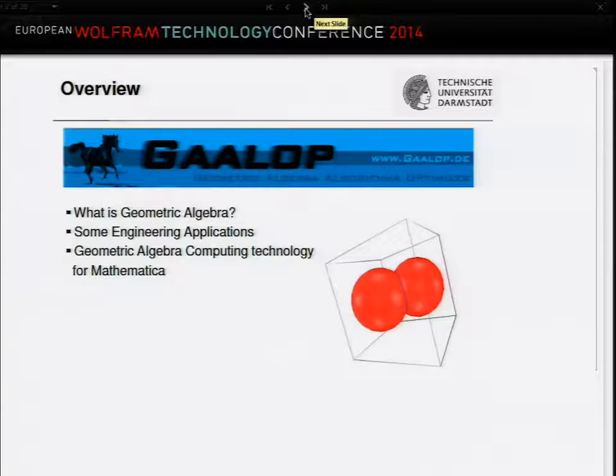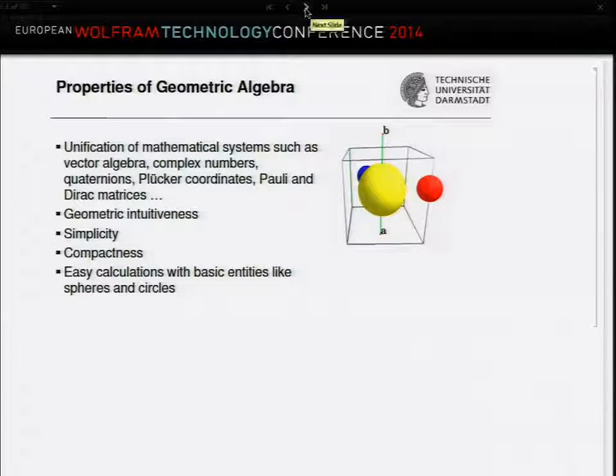Okay. So, first of all, some properties of geometric algebra. A very nice thing is that it unifies a lot of mathematical systems that we know from other domains. For example, vector algebra, complex numbers, quaternions, Plücker coordinates, and also from physics, Pauli and Dirac matrices.